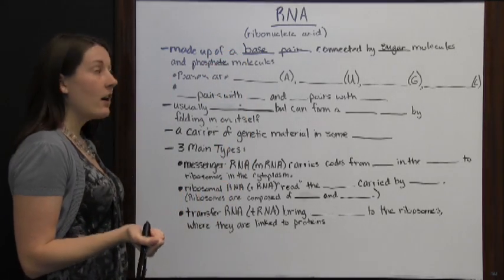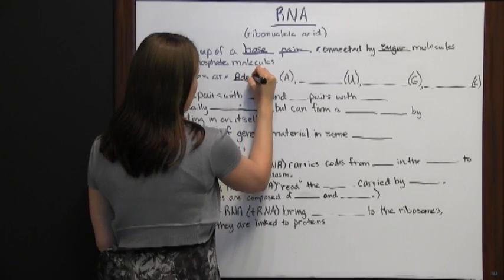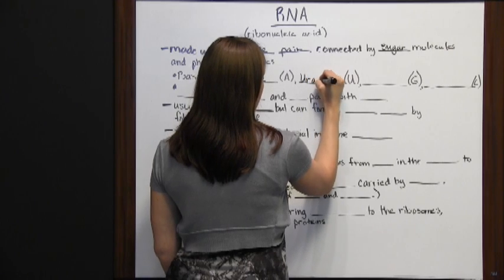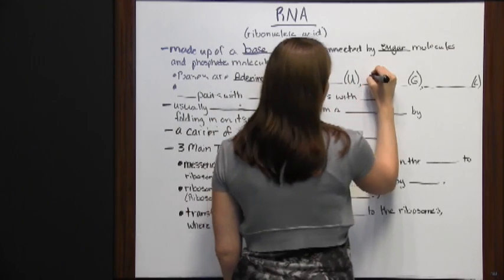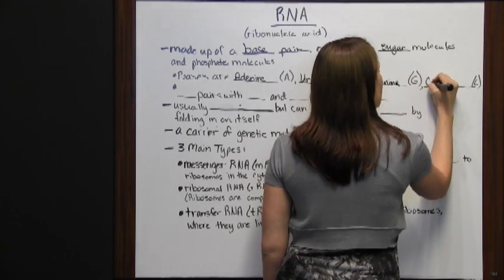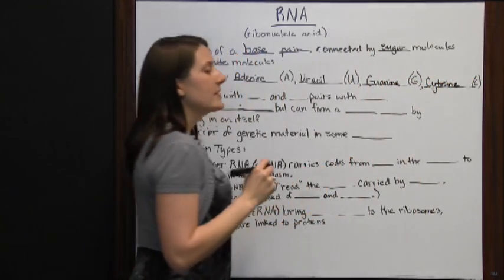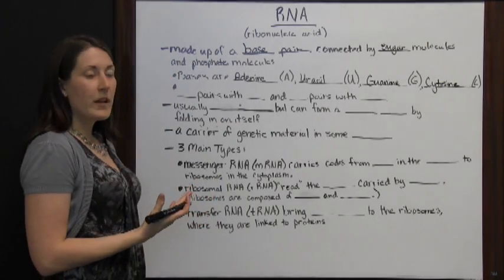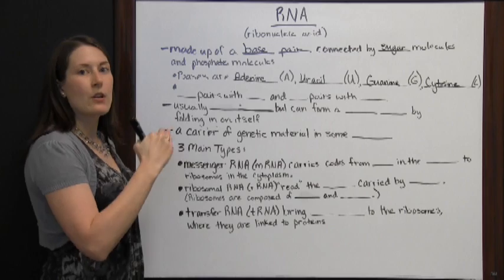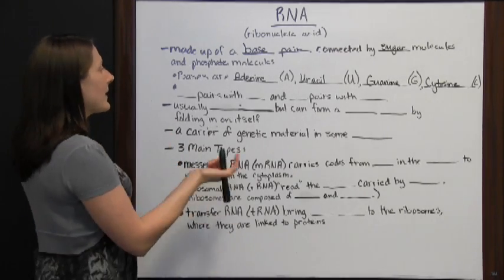Now the bases in RNA are going to be adenine, uracil, guanine, and cytosine. Similar to DNA, they're going to pair with each other, and each one is only going to pair with one other base. They can't pair with any of the other three.